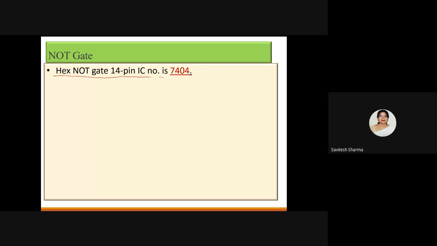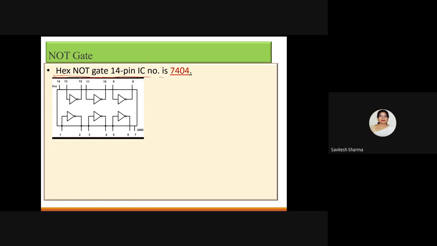So you only need to see the number 7404 to recognize that it is a NOT gate or any other gate. This 7404 IC is a 14 pin IC, and it will contain hex, meaning 6 NOT gates. So 6 NOT gates will be available in the IC. So you remember this IC number.